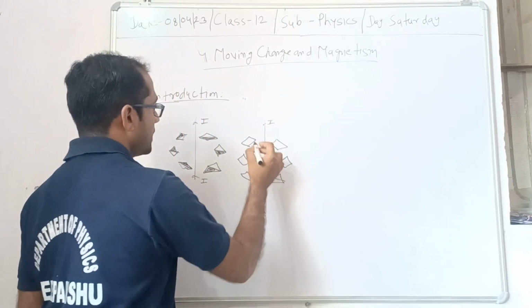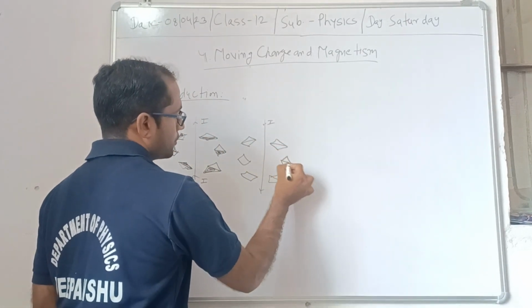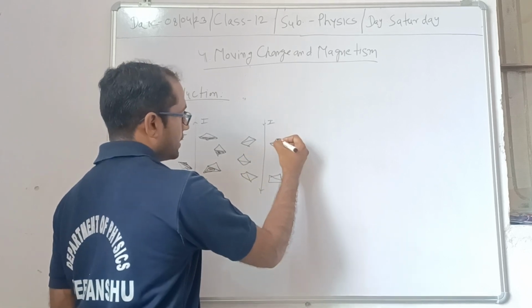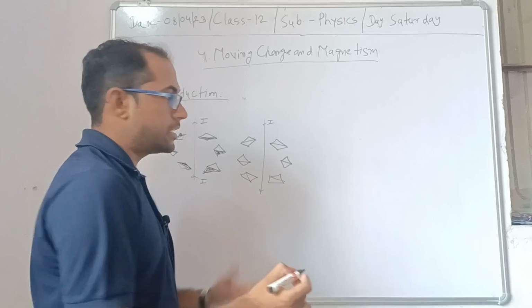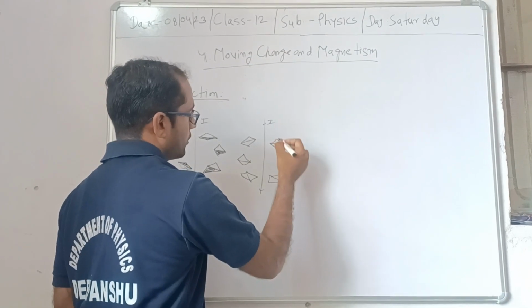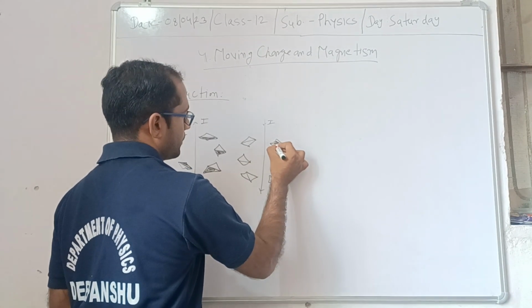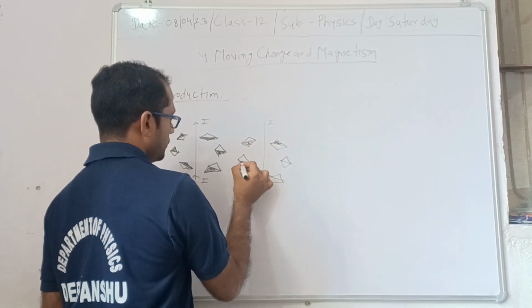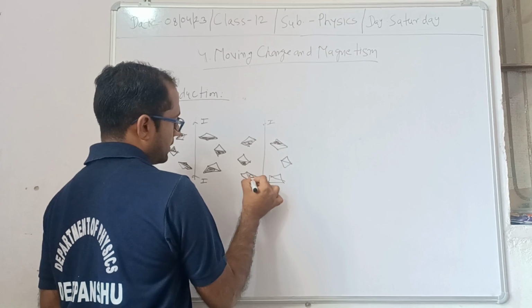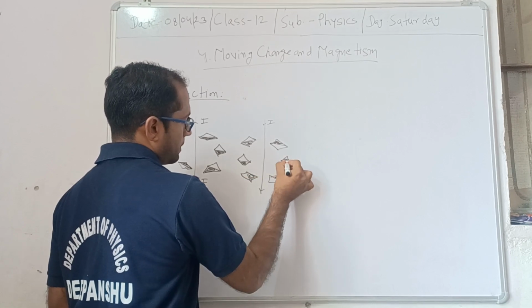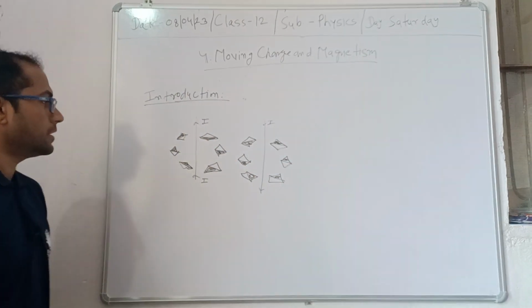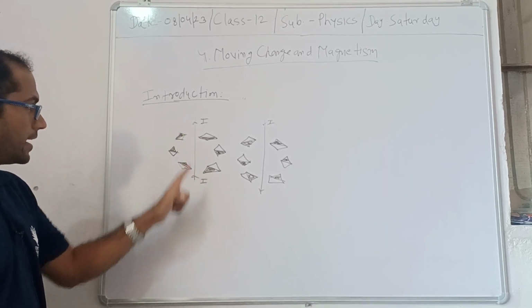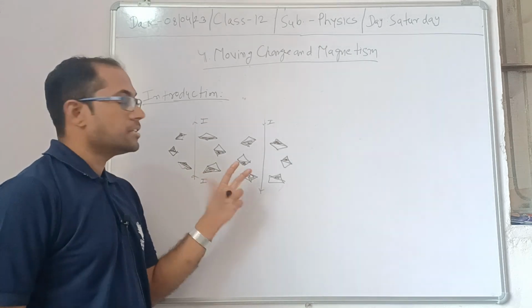In this case you can easily see that if you change the direction of the current in a wire, the compass needle position is opposite.